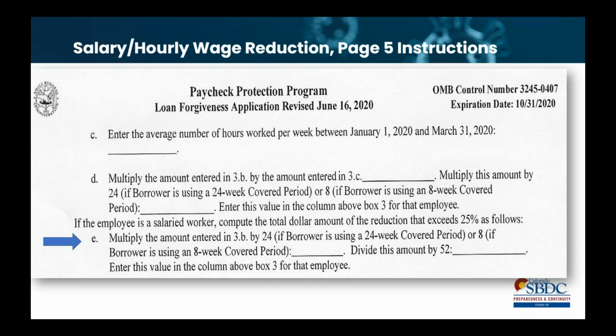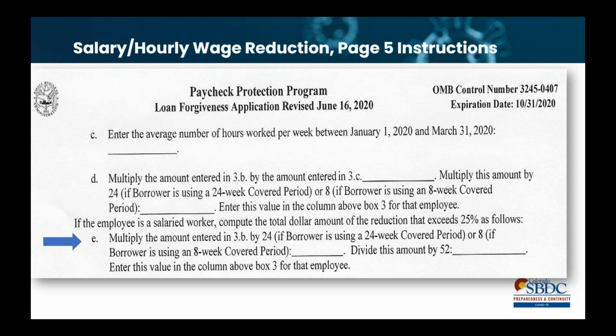Now in item E, we just need to calculate the amount by which our forgiveness will be reduced. It will not be reduced by the entire $7,500, since this is the annual calculation, and we will only be penalized for the portion of the year in our covered period.